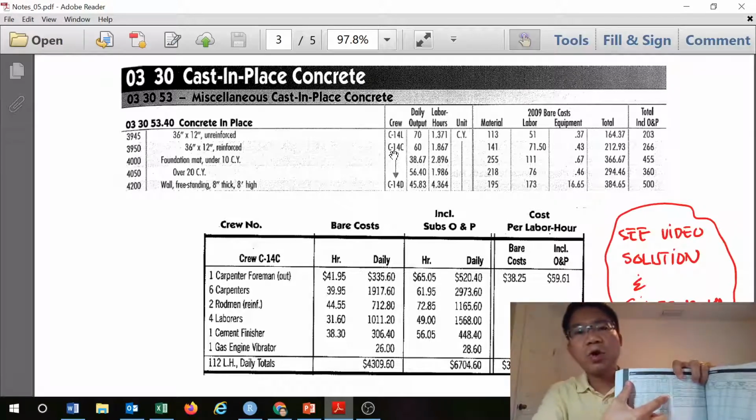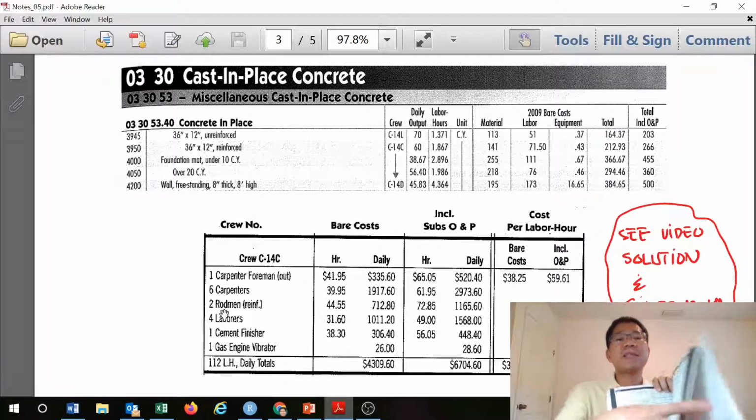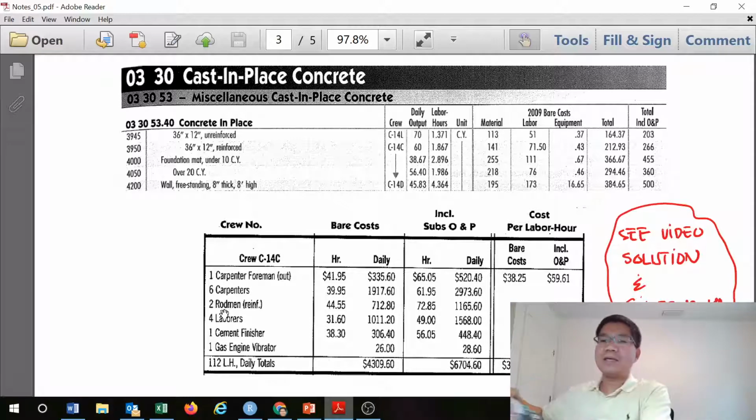I just copied one, which is 14C. What constitutes this crew? We will explain that in a minute. I want to explain the cost item that they developed, and then later on we use it from problem 3 in the next video.